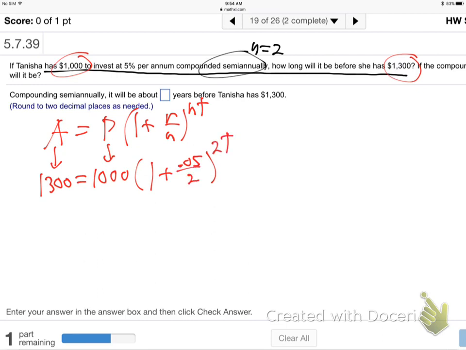Time is what we're looking for. Maybe I better do one or two more steps. Is that good? Everybody see how I came up with that? It's starting to make more and more sense, I'm hoping. Okay, so how do we, T is up there saying I want to be alone.